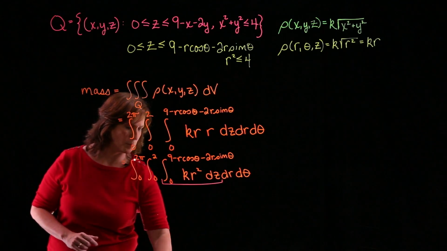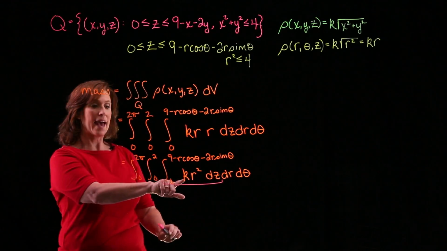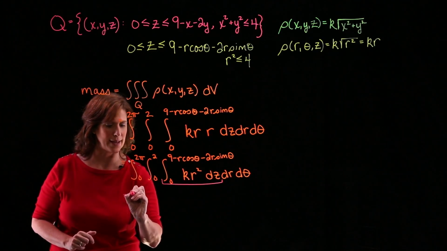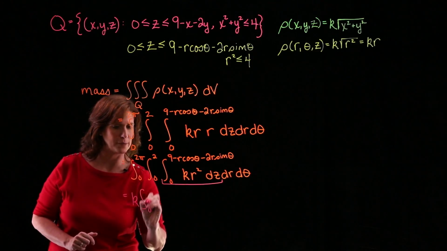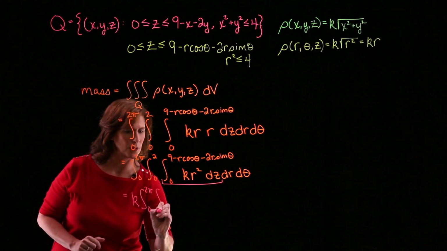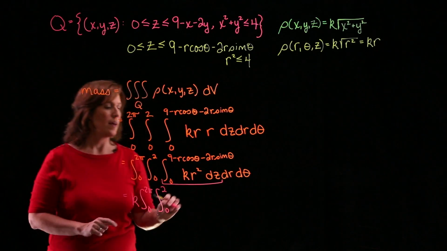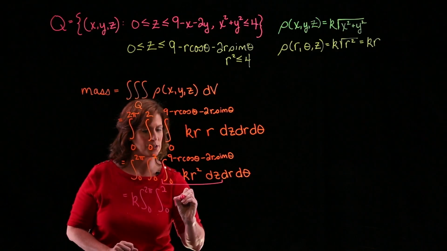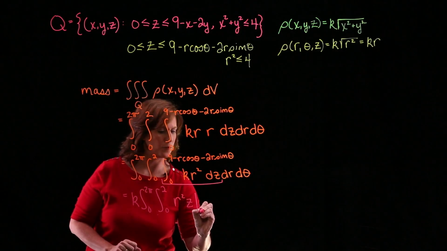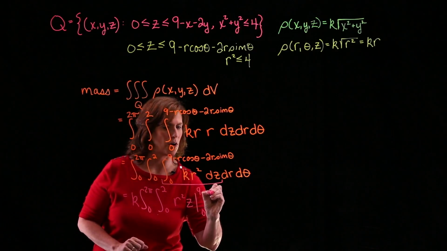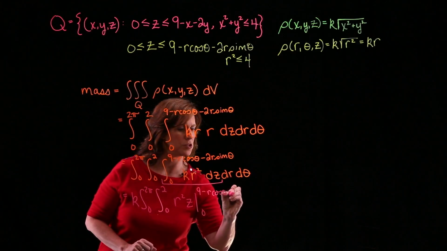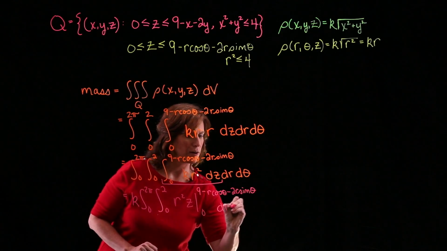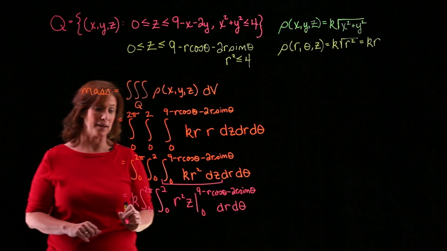And I also notice at this point that k is a constant through the whole problem, so I can pull it to the outside. So let's write that as k times the integral from 0 to 2 pi, the integral from 0 to 2. And now let's integrate r squared dz, which is just going to be r squared z, evaluated from 0 to 9 minus r cosine theta minus 2r sine theta, and this is dr d theta.